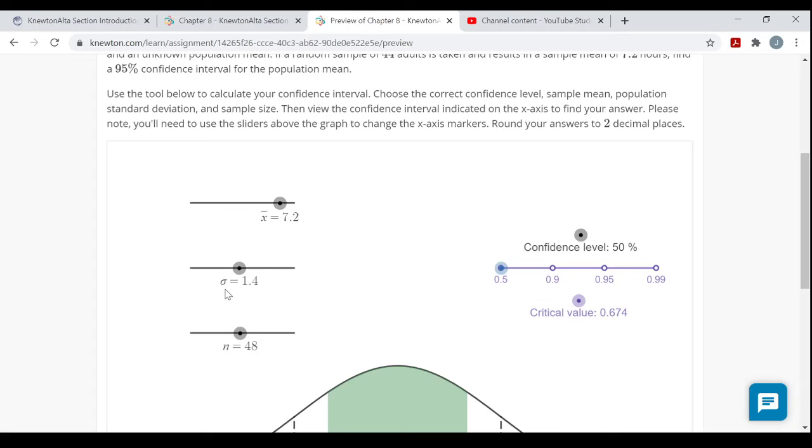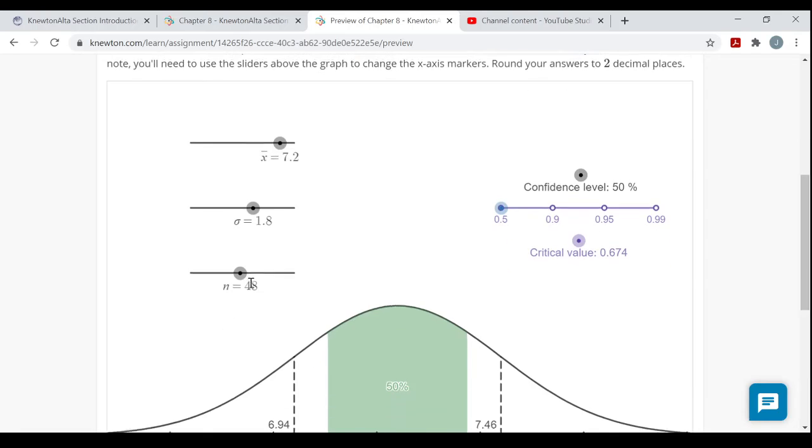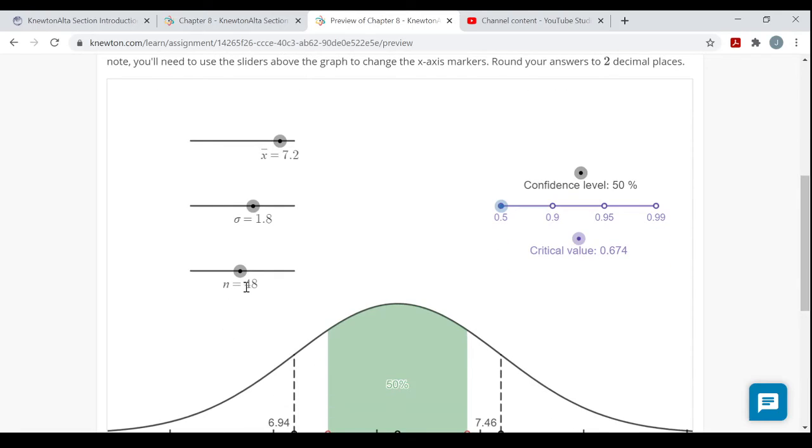This is sigma, not sigma x bar, but sigma, the population standard deviation, which they told us was 1.8. And this n was the sample size. They said they took 44 adults, so I move this to 44. And then what was the confidence level? 95%, right? They wanted us to create a 95% confidence interval.